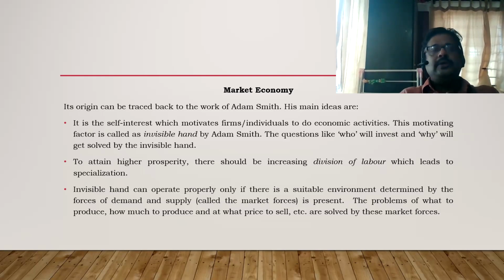So with the introduction of division of labor, the dexterity increases. Dexterity means skill. Division of labor increases the dexterity of the people and improves their specialization, and through that production can be increased, and through that prosperity can be attained.